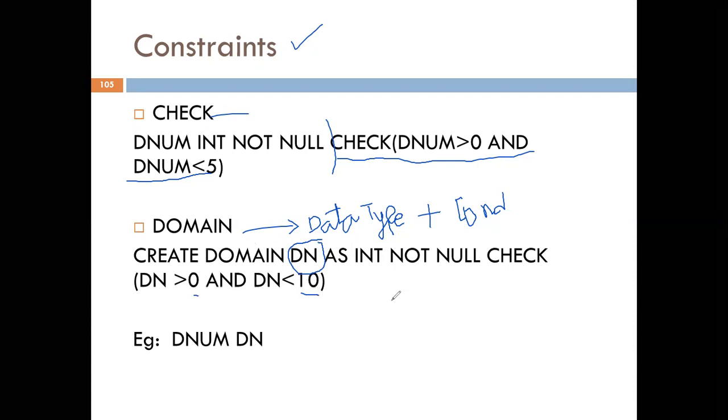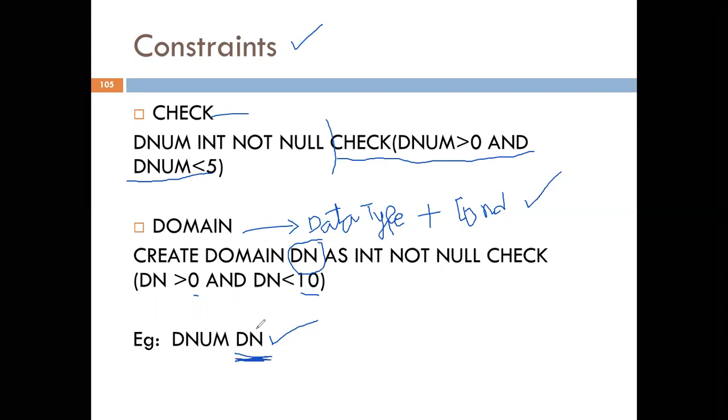This creates a new data type along with the condition. And this dn can be used in our table creation when we are creating an attribute. In place of int, varchar, character data types, we can use this domain name as a data type itself.